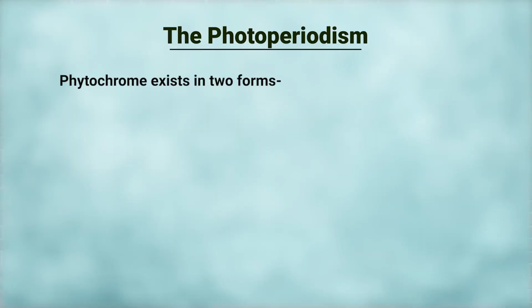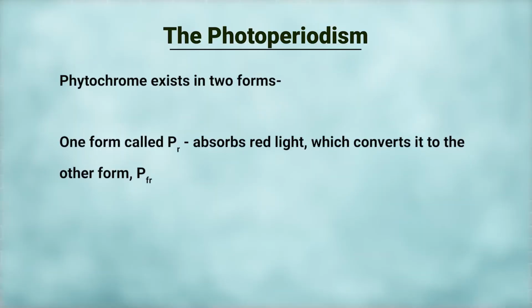How do plants know when it is light or dark? The pigment phytochrome, so important in many plant responses, couples the light environment to the mysterious biological clock. Phytochrome exists in two forms. One form, called PR, absorbs red light, which converts it to the other form, that is PFR.